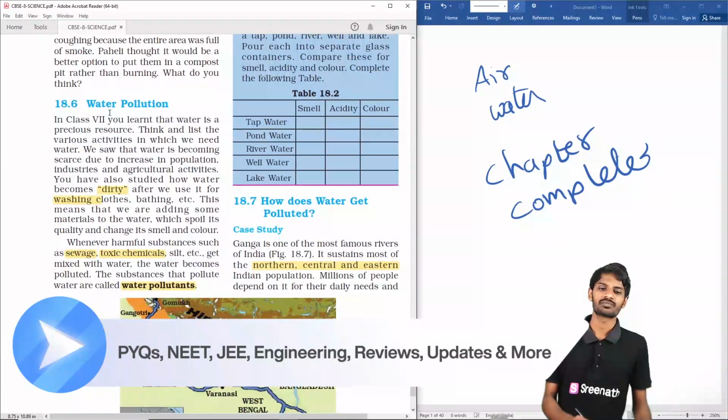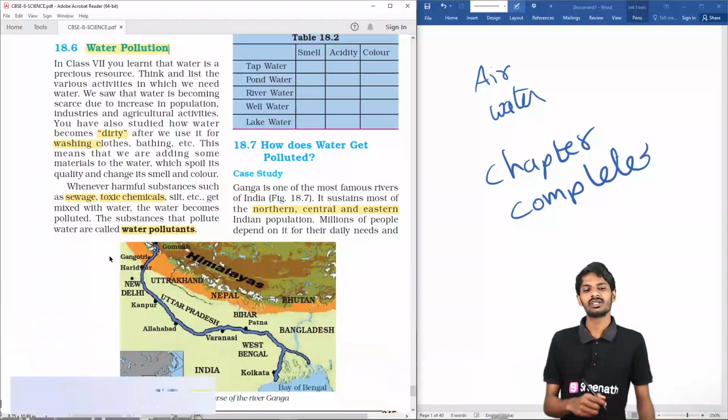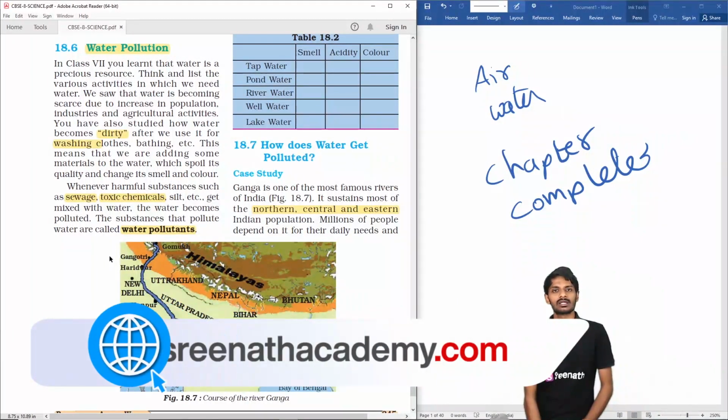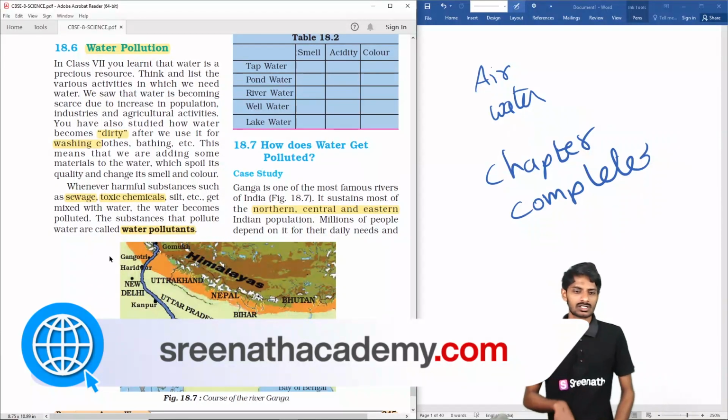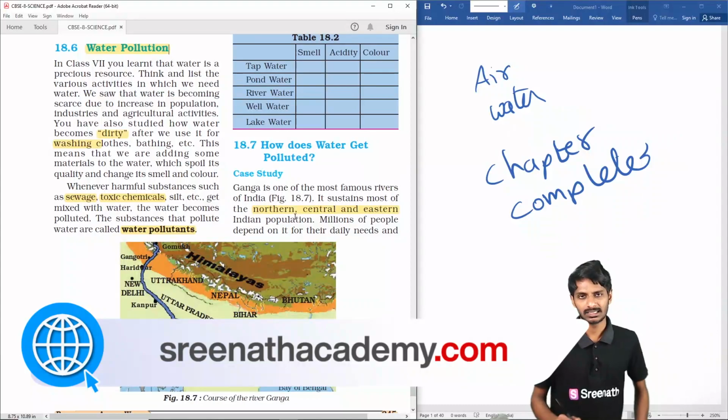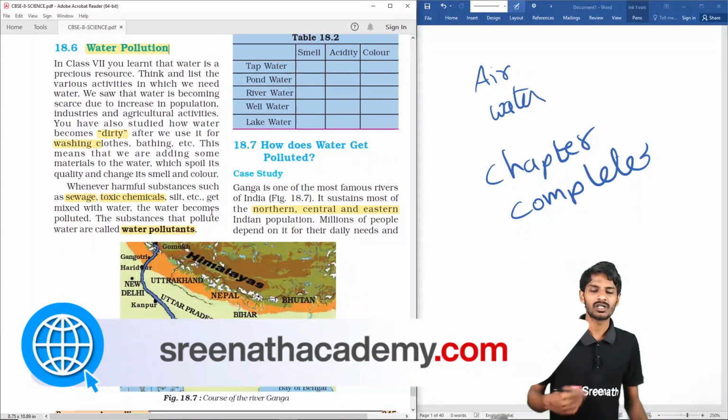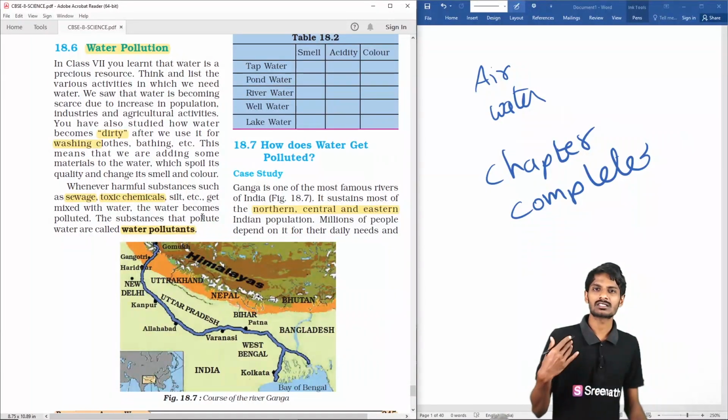And next is water pollution. If there are unwanted, toxic, or impure materials in the water, it is called water pollution, students. Water is becoming dirty, though we are highly dependent on water for washing and bathing, and chemicals, pesticides, and industrial wastes are all dissolving in the water.